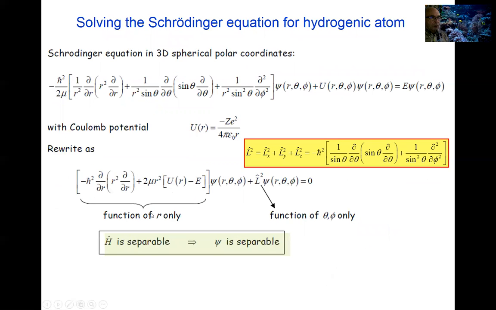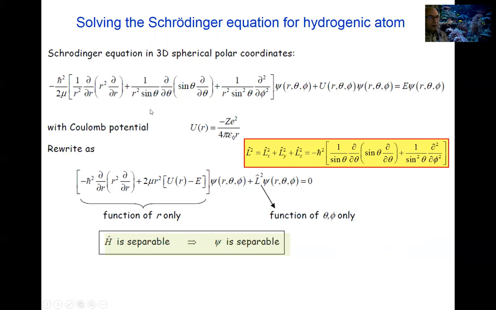So now we come to the Schrödinger equation. Since we nailed our nucleus, we can solve this Schrödinger equation in spherical polar coordinate system as we did before. So we need to represent our kinetic energy and our potential energy in these spherical polar coordinates. And so now we have r, theta, and phi.